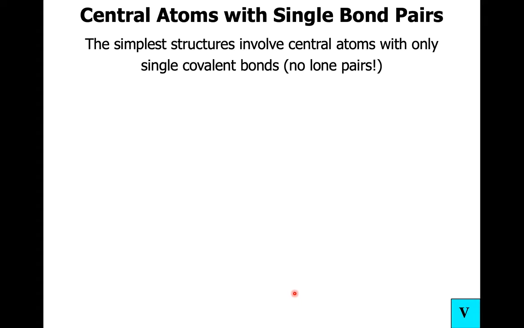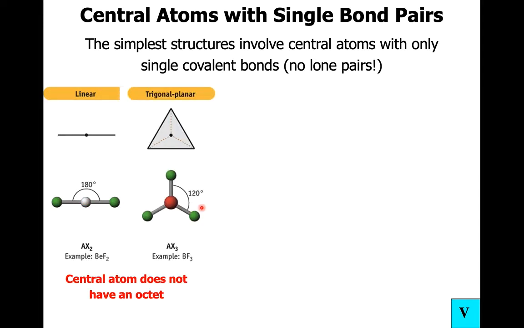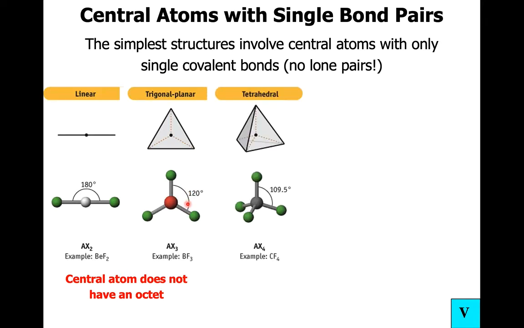So first, let's talk about central atoms with single bond pairs. Something like beryllium difluoride has two bonded atoms, and the angle between those is exactly 180. It's a completely linear molecule. Then we've got something like BF3, which has three bonds, no lone pairs, and we get an angle of 120 as those go as far apart as possible.